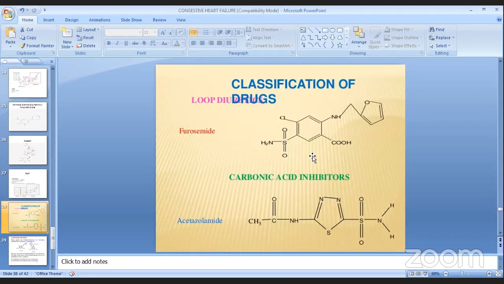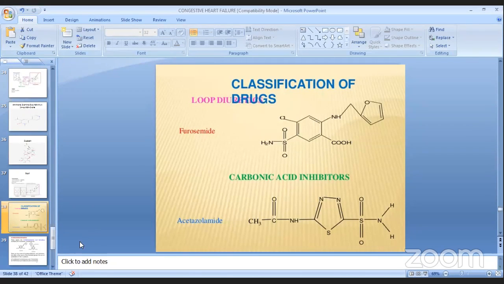There is an amide derivative, a benzoic acid derivative, and one furan ring is there, furosemide. A loop diuretic, which increases the excretion of sodium and also water from the body so that there will be relief of the respiration and ultimately we can get rid of congestive heart failure.